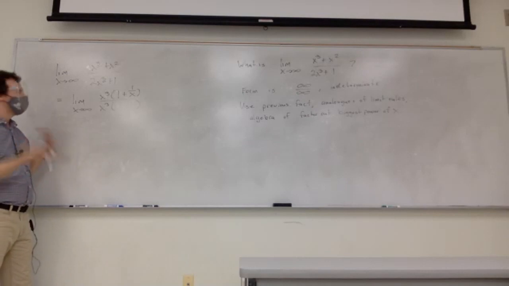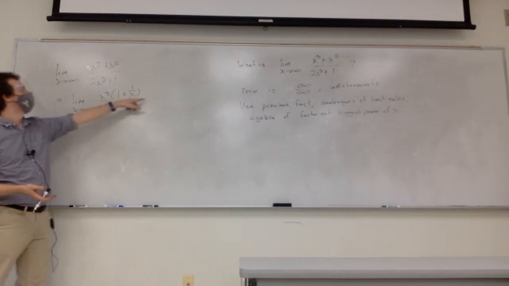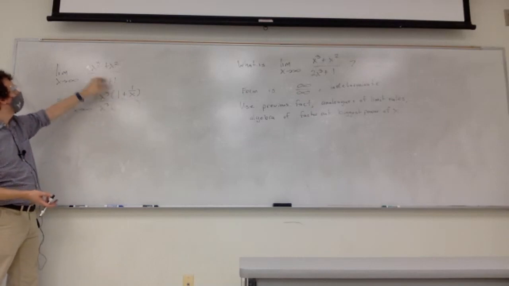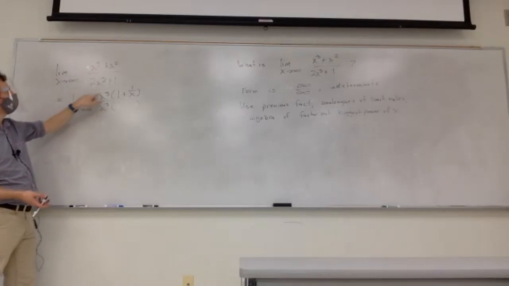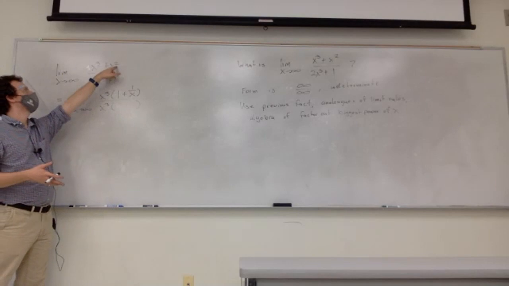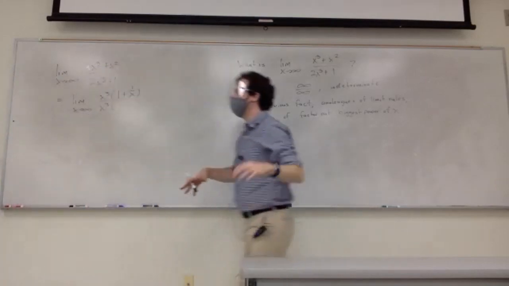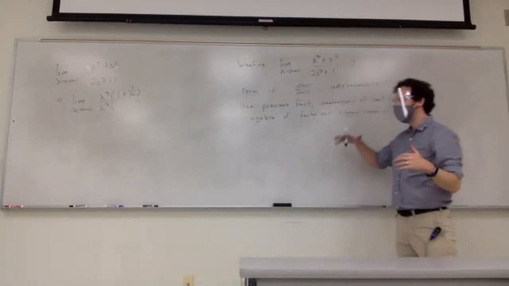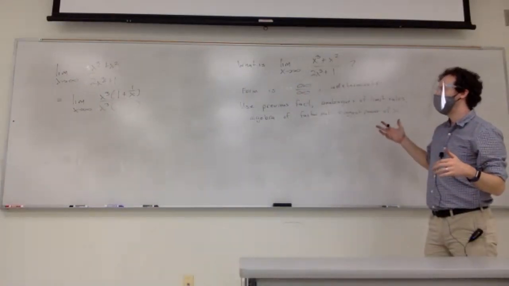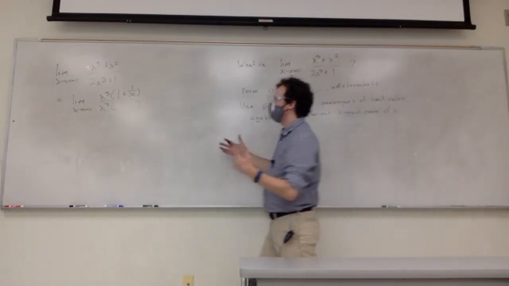To verify that this is what actually happens, multiply this x cubed back through. x cubed times 1 gives you x cubed. x cubed times 1 over x, one of the x's cancels, and you get this x squared back. So if you're factoring out more x's than you have, you do that by putting x's in the denominator.